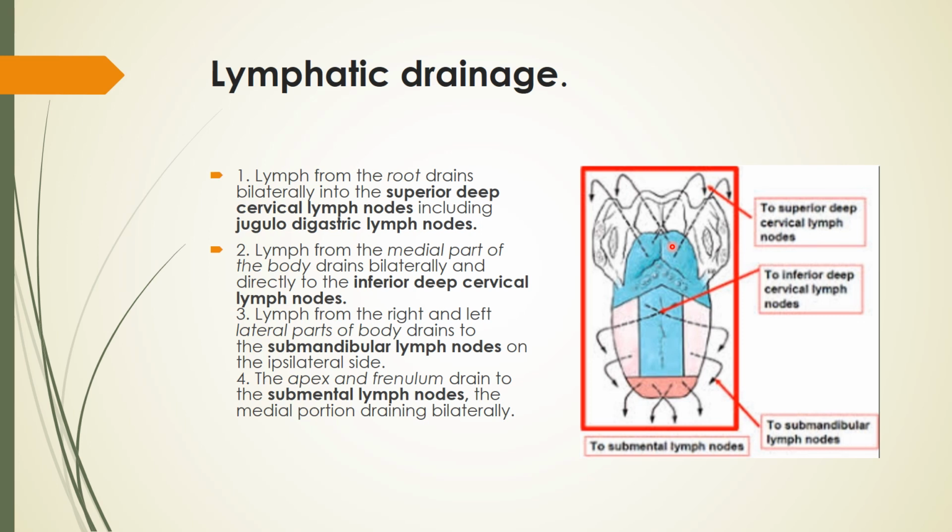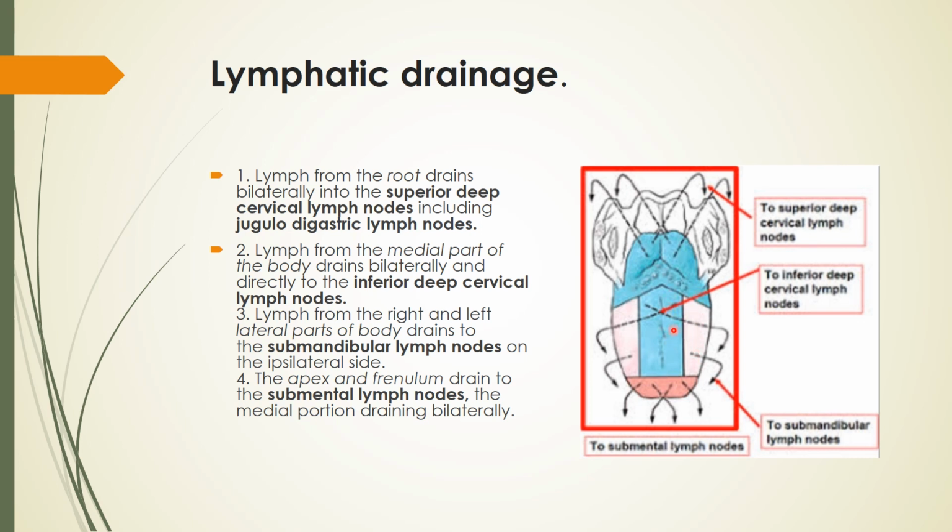So lymph from the root drains bilaterally, from the central portion bilaterally, into superior group of cervical lymph nodes. This group also includes jugulo-digastric lymph nodes. Then for the body we divide it into two parts: central or medial part and lateral part.